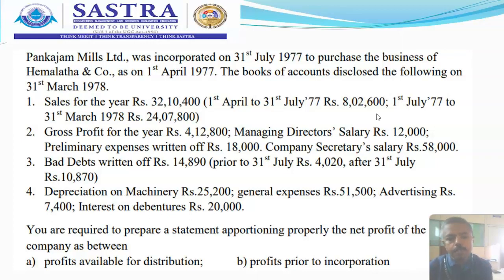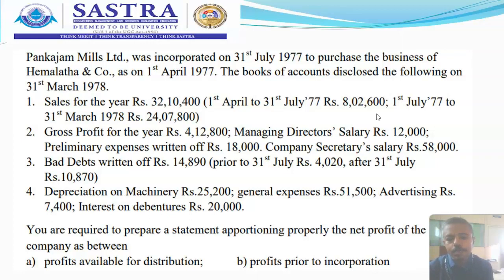The next, interest on debenture. This we call finance cost, that is any expense related to financing obligations. We have only one financing obligation here, the debenture, which has a fixed interest. But it is not a regular expense for the full year, because debentures are issued only after the registration of the company.